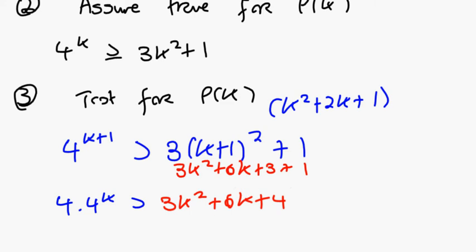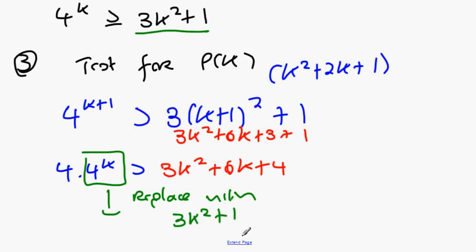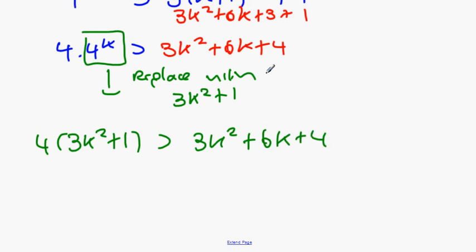Okay. Now what I need to do is replace 4 to the power of k again with 3k squared plus 1. Now it's going to be 4 multiplied by 3k squared plus 1 greater than or equal to 3k squared plus 6k plus 4.